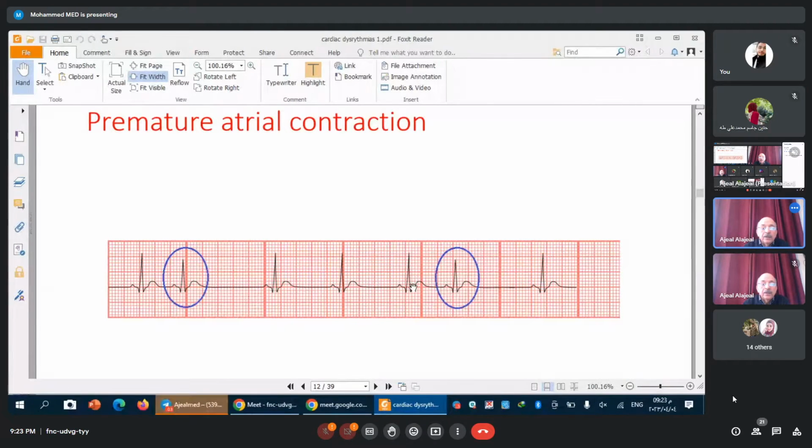Is this clear? I will say it again. This distance is equal to this distance. This one is short, this one is long, but if you take 3 beats, then it's the same. Next slide, please.